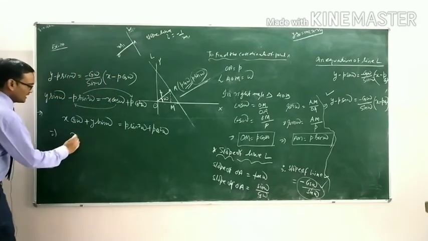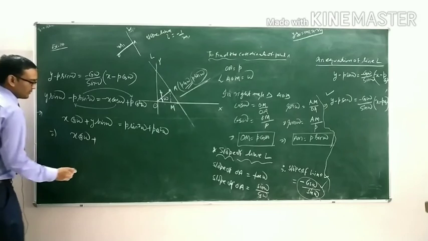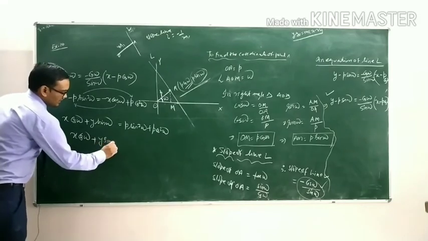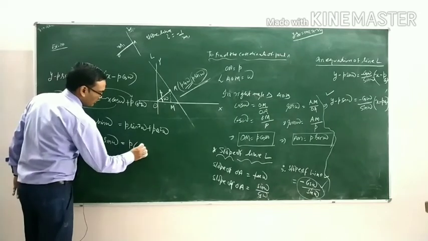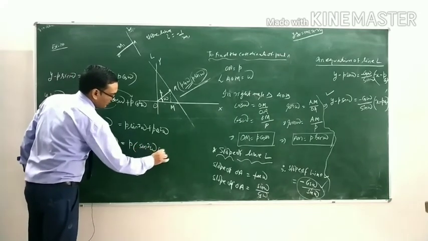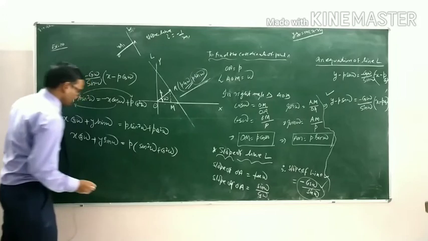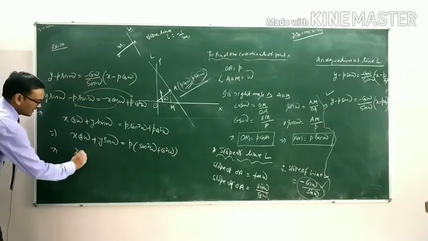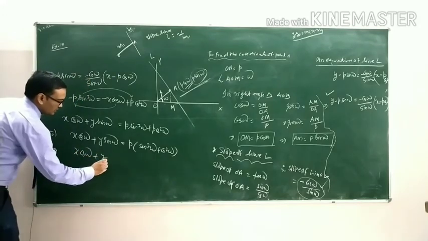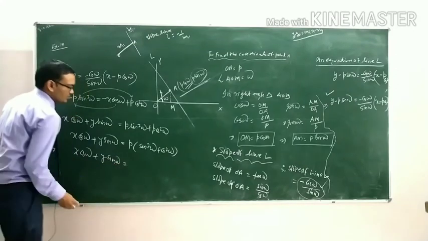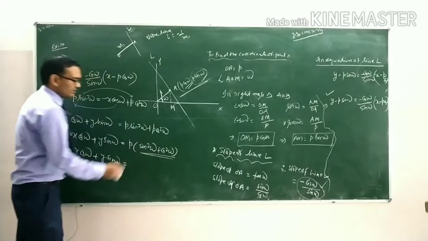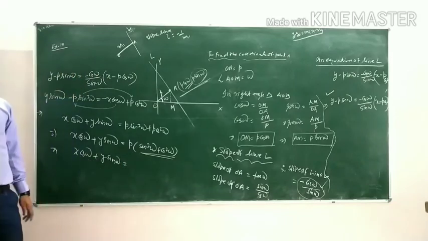This implies that x cos omega plus y sin omega is equal to P common, sin square omega plus cos square omega. What is the value of sin square omega plus cos square omega? It is 1.